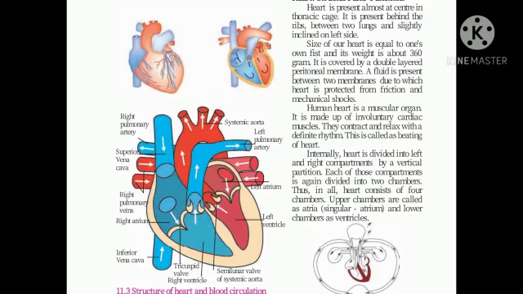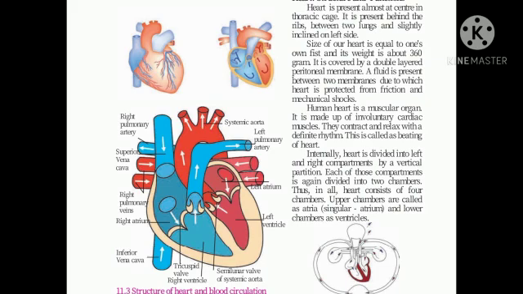Now we will see in detail about the heart. Location: our heart is located in the thoracic cavity, slightly inclined on the left side behind the ribs between the two lungs. Size of our heart is equal to one's own fist. Weight is 360 gram. Covering of our heart is a double layered membrane called the pericardium.